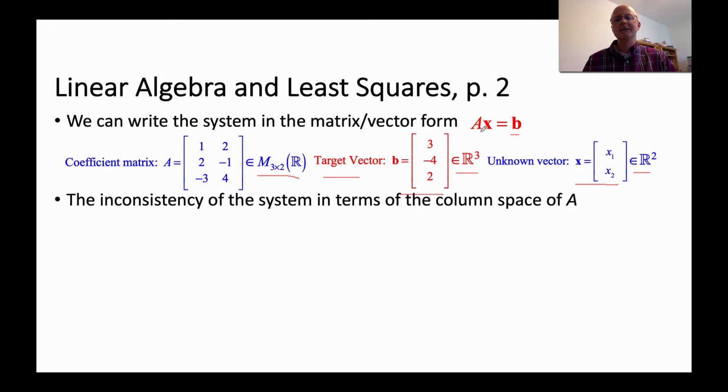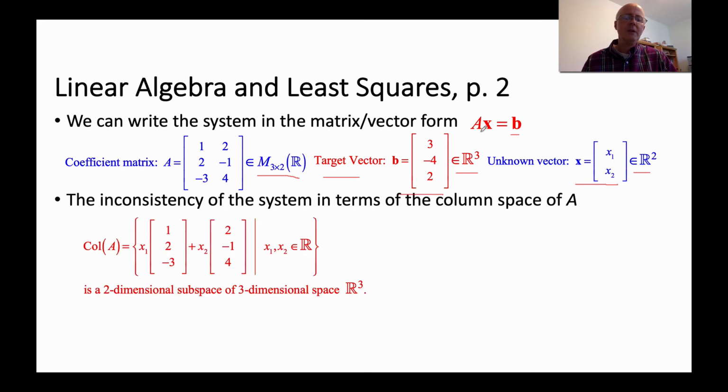The inconsistency of the system can be written in terms of what's called the column space of A. Here's the column space of A. It's the set of all linear combinations of the columns of A. These two three-dimensional vectors are the columns of A: 1, 2, -3, and 2, -1, 4. As the coefficients, the weights in front of these vectors, these numbers x1 and x2, vary over all real numbers, this defines what we call the column space of A.